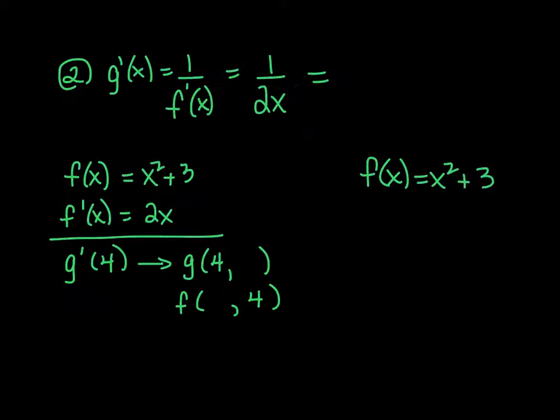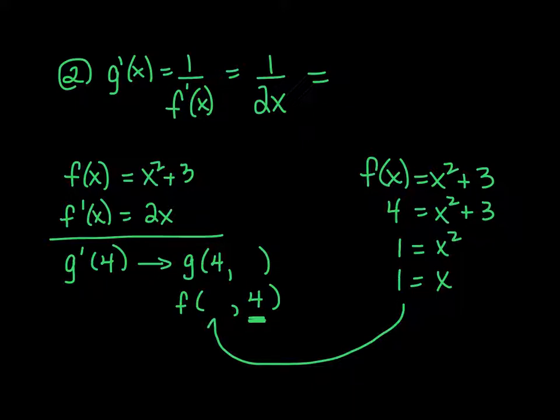And if we look down here, we know the y value is 4. So I'm going to go 4 equals x squared plus 3. This is going to give me my x value. That's going to be 1, and if I take the square root of that, I get 1. So I'm going to take that x value and put it right there.